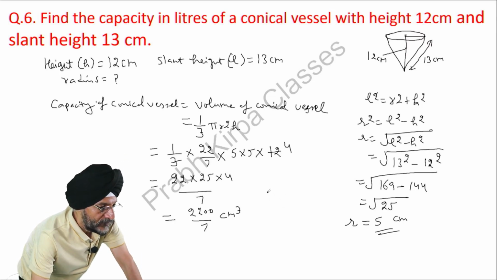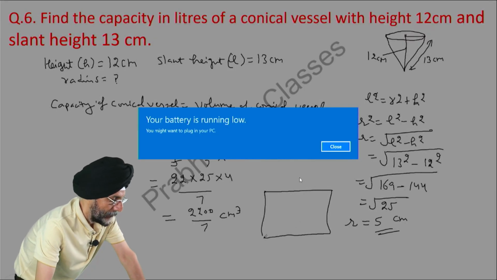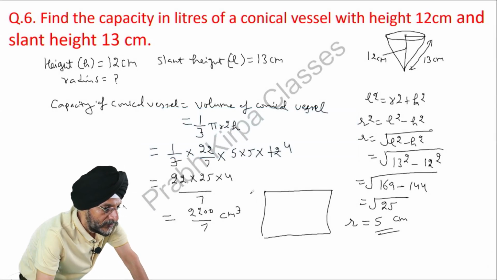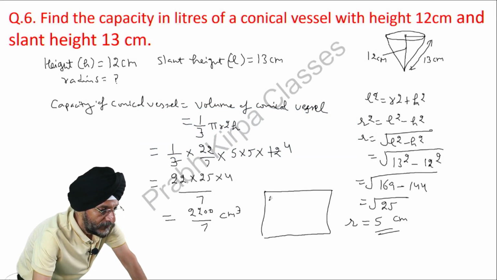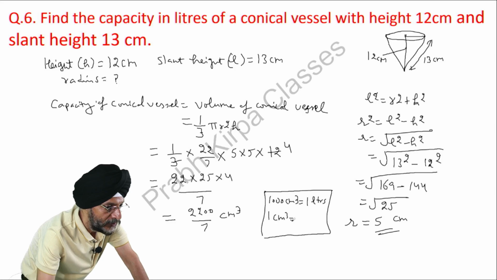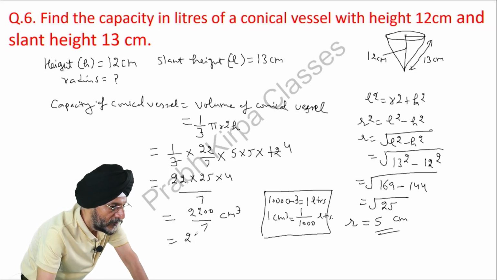We know that 1000 cubic centimeter is equal to 1 liter, or we can say that 1 cubic centimeter is equal to 1 over 1000 liter. So here, 1 over 1000.